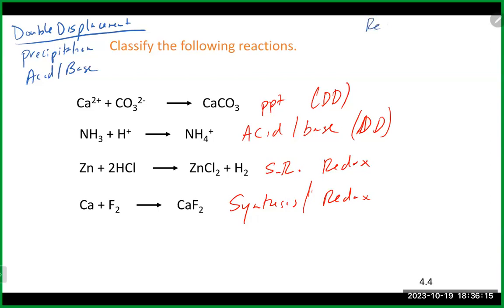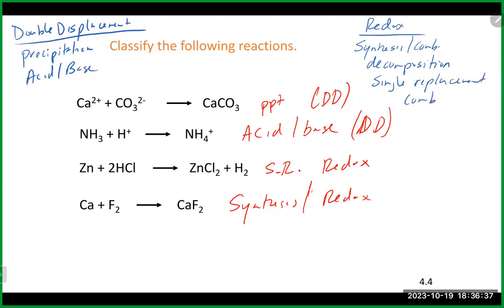Under the redox reactions, which are all about electrons being transferred, we have our synthesis, combination, a more specific classification. We have our decomposition, which is also a more specific classification. We have our single replacement reaction, and we have our combustion reaction.